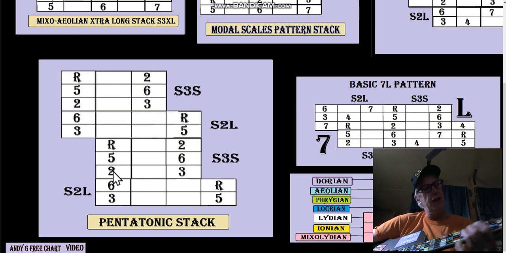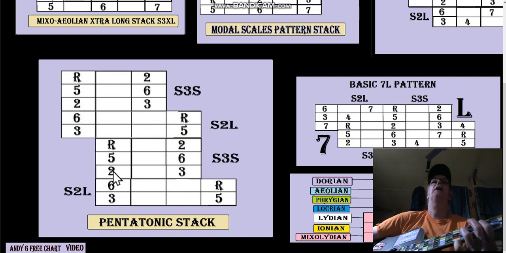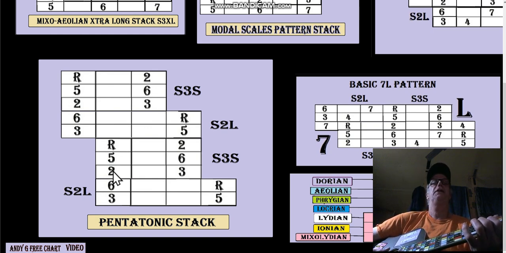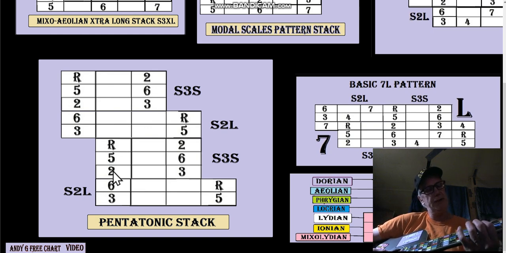A G shape. So that is actually the key of G there. So that particular D is in the key of G. All right, now that's very interesting. That would pretty much tell me we're in the key. The parent key would be the G.